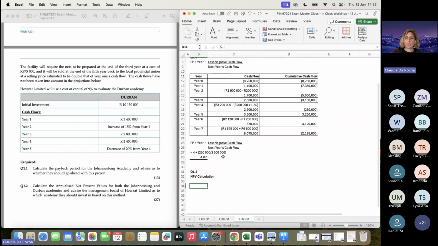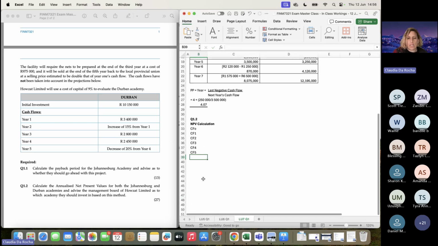Okay, so remember we're just doing Johannesburg. Because we're doing an NPV calculation, I'm just going to include all the cash flows. Remember, if you're using a Sharp calculator, you will need to say data rather than cash flow, like on the HP. Just make sure that you are noting that. And there are 7 years of cash flows.